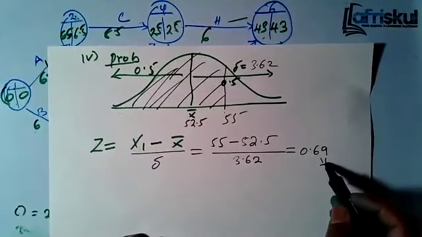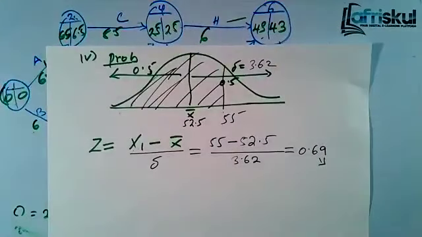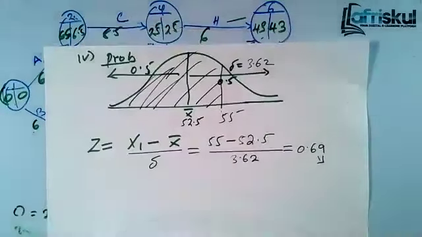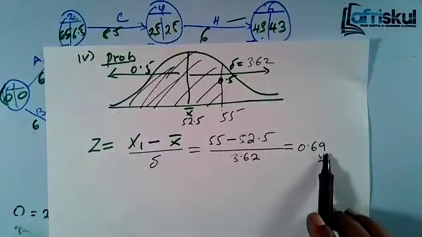So how do we read this one from the table? We have what we call the normal distribution table. Let me see if I have one with me. Now, this is what we call the normal curve. How do we read the probability? In this case, we have gotten 0.69.